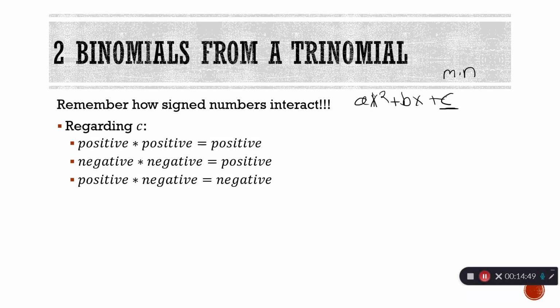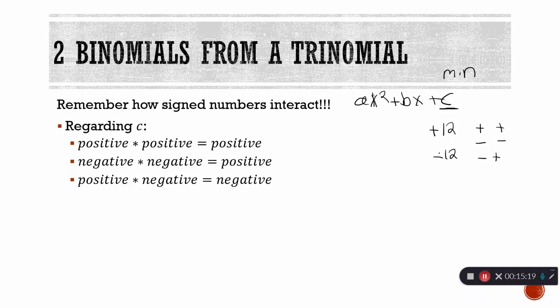So knowing if this is positive or negative tells you if you have same signs or different signs. So if you have a plus 12, that means you have either two positives or two negatives. Or if you have a negative 12, then you know you have a negative and a positive. That's something you know right off the bat.